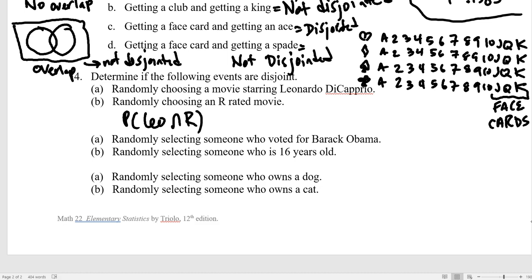Well, unfortunately, yes, right? There's Wolf of Wall Street, and he does all these other crazy movies. Yes, there are rated R movies, so yes, it exists. Therefore, there is an overlap, which means it is what?